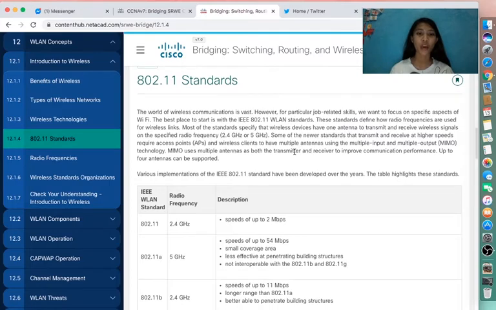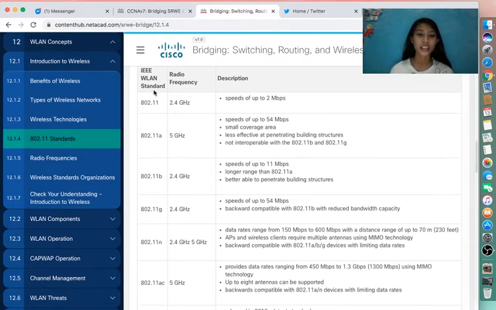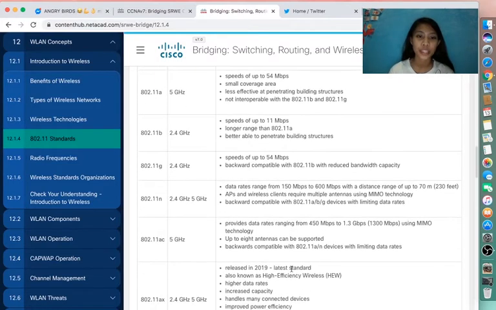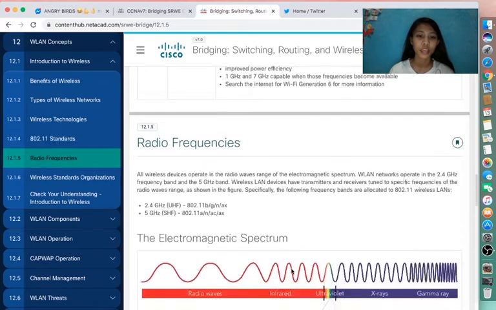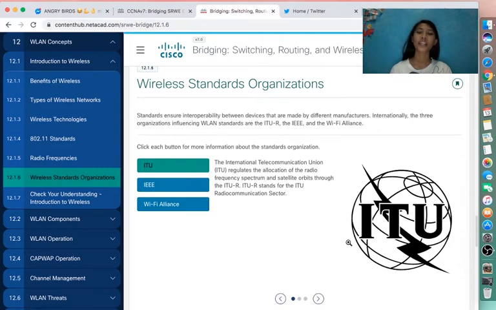Also, we have our 802.11 standards, our LAN standards, and our radio frequency. Radio frequency is the radio waves range of the electromagnetic spectrum. Wireless standards organizations are the ITU, IEEE, and Wi-Fi Alliance.